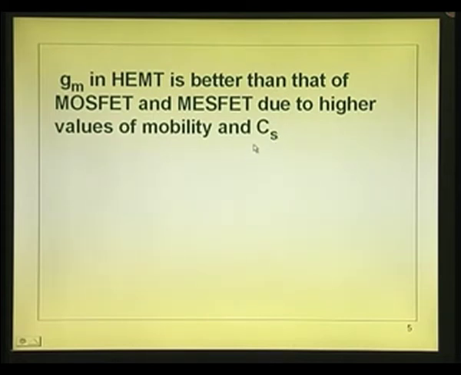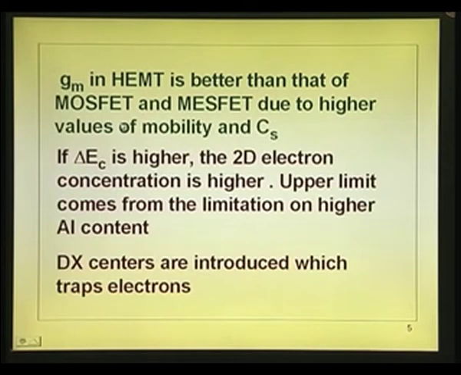Even when you have velocity overshoot, short channel length effects because of velocity overshoot effects and virtual transport without intra-valley scattering, you get much better performance, much better Gm with them. Okay. The other thing that we have been telling is the delta E C.